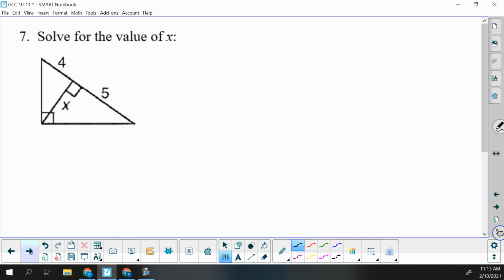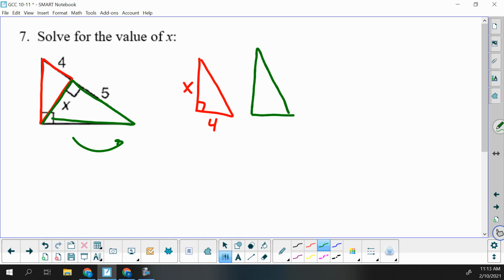All right, next one's everything's labeled again. So I'm going to call this one the red triangle. If we tip that to the right to orient it, 4 is now down here, x is there. We'll call this our green triangle, and we'll kind of have to spin it that way to get the short side there to match up.